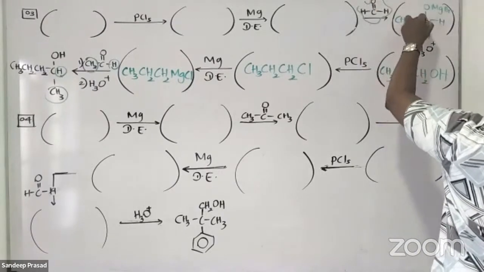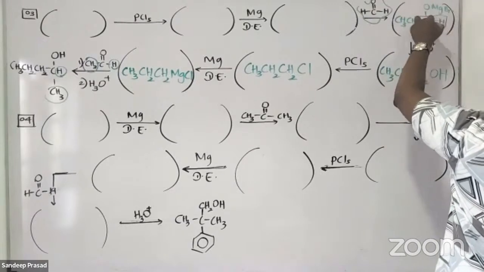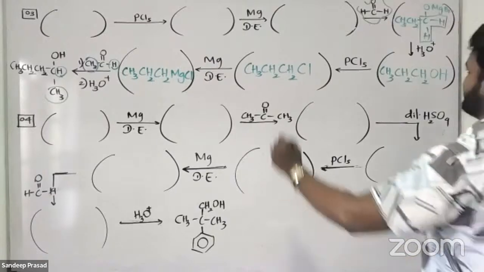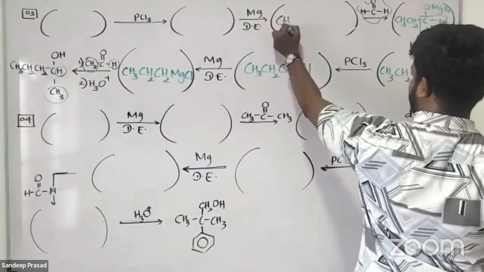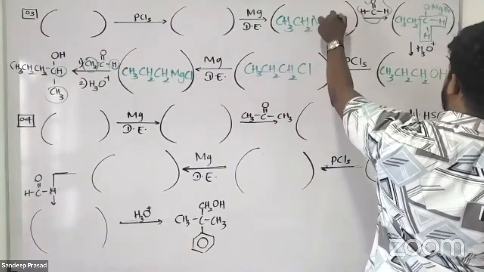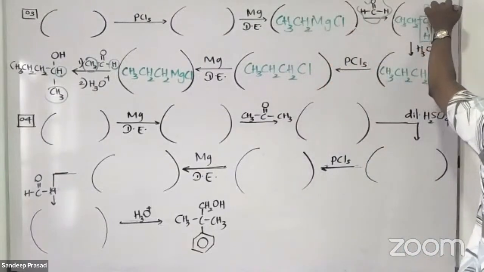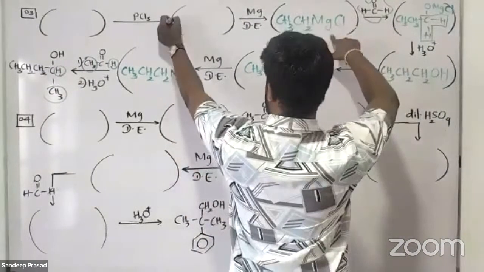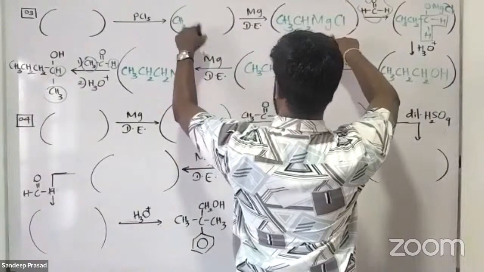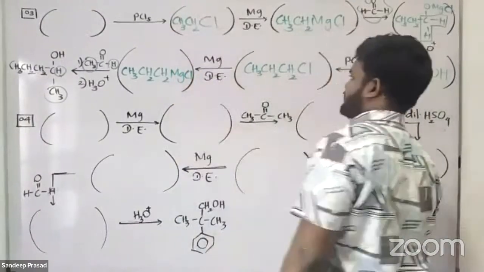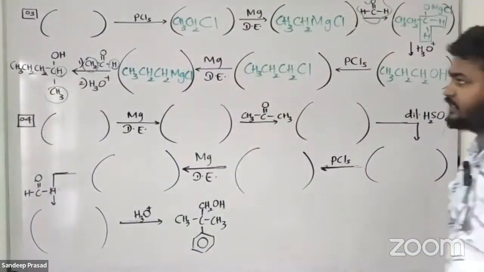This methanal compound has two hydrogens with the carbon atom. And then the remaining one is the Grignard reagent, CH3, CH2, MgCl. Let me put here Cl. And then the Grignard reagent is formed by adding magnesium and ether to what? The alkyl halide. So CH3, CH2, Cl.